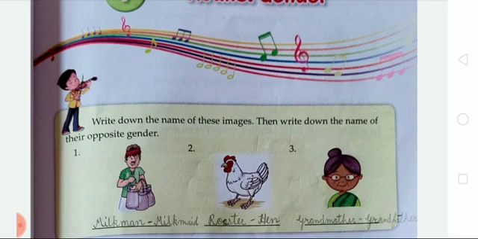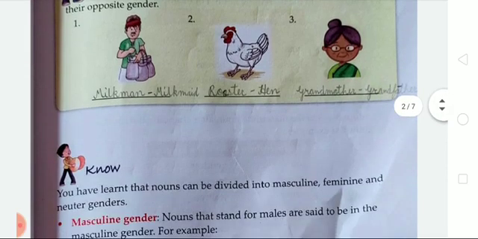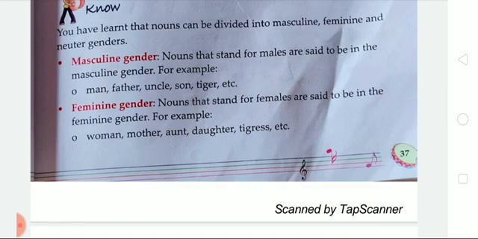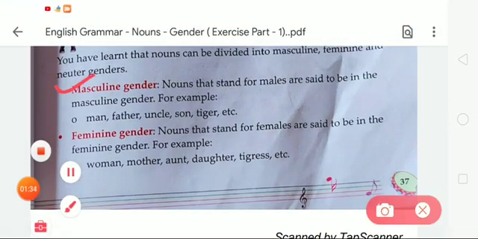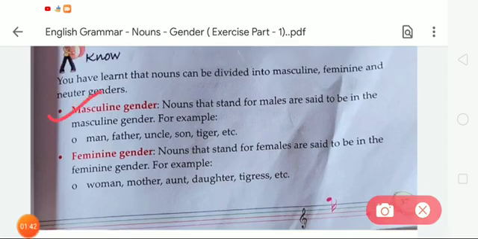Okay students, we have already done this given activity in the book and also learned what masculine, feminine, neuter and common gender are. One more time we are going to revise. What is masculine gender? Nouns that stand for males are said to be in the masculine gender.